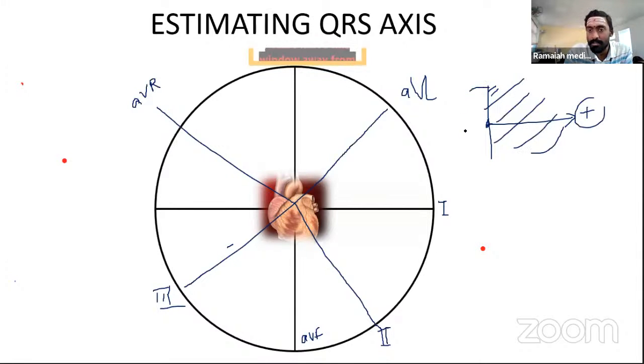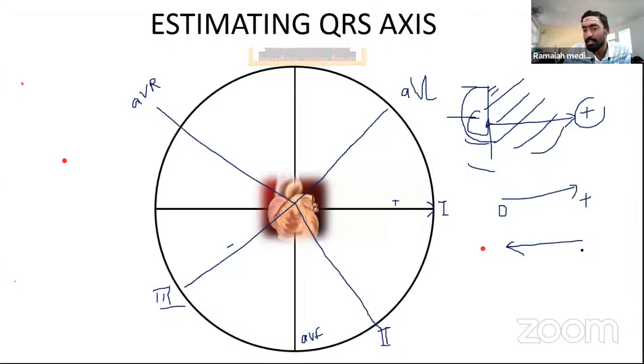And this portion which is going away from it, this whole thing is going to be negative. So if you have understood that, we see that lead 1 here is going to be positive in this direction. That means this is exactly opposite. So we remember that we have resolved vectors in physics. So this was 0 and this was, let's say, a charge. So if we change the direction, we change the charge. This was a resolution of vectors.